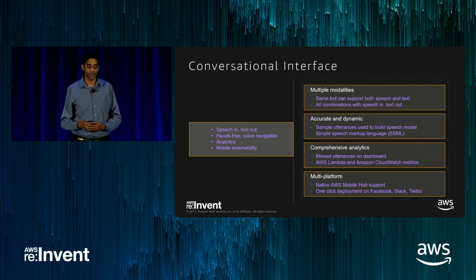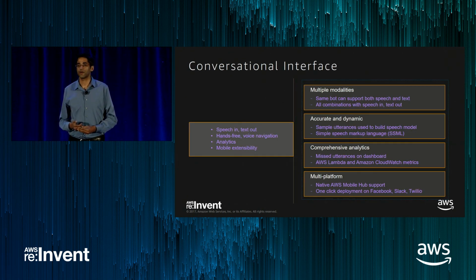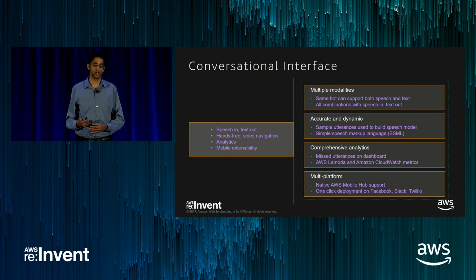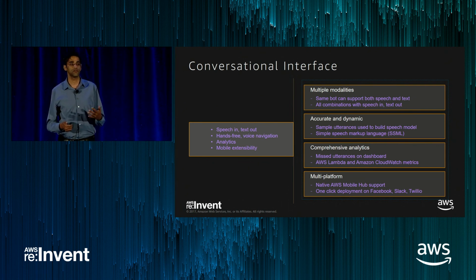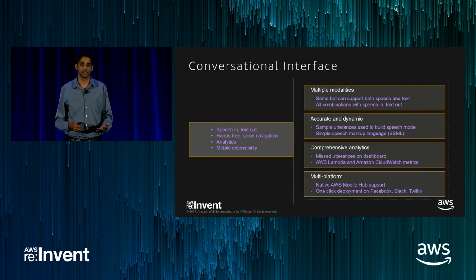So the conversational interface itself, the first piece is modalities, and Manju covered this. All different combinations with Lex are possible with speech and text. The same bot can support speech and text, so you don't have to write a different bot or a different skill to make this functionality possible.